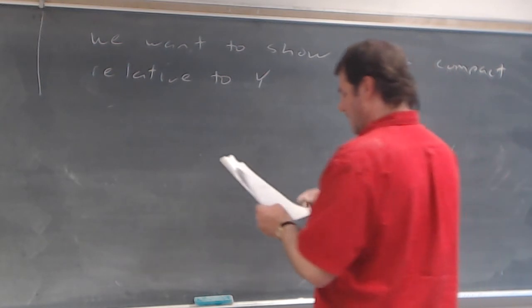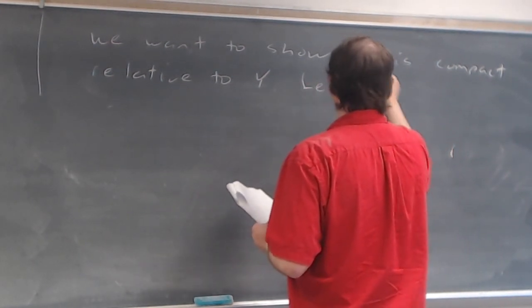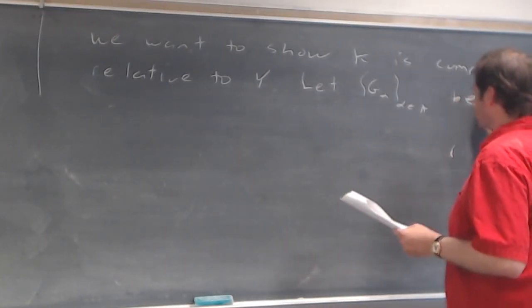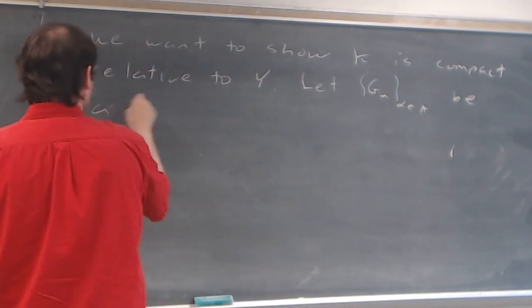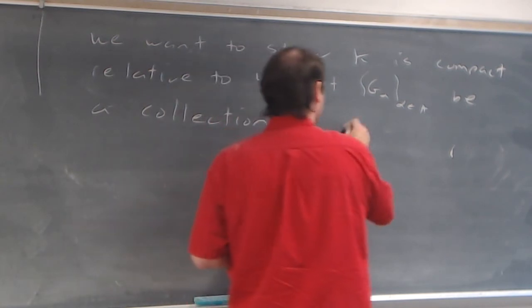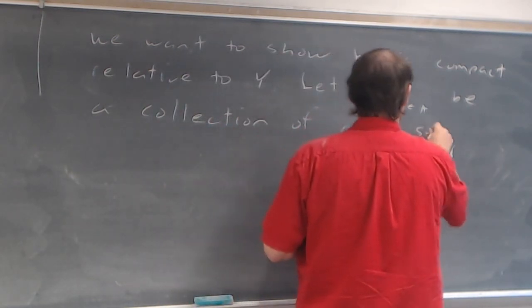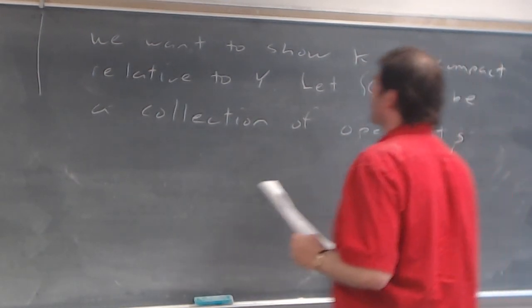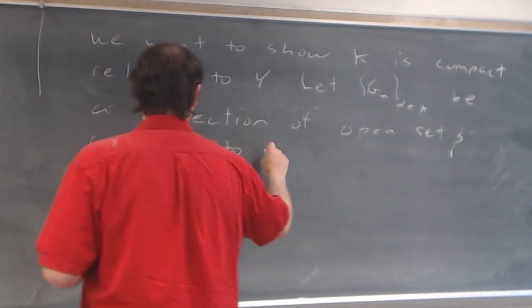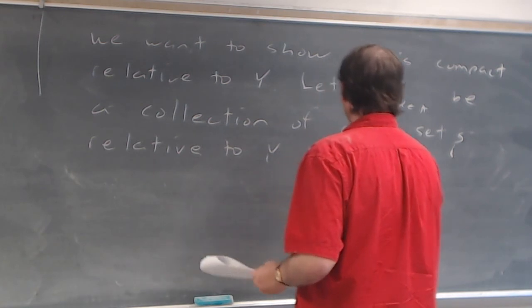Well, what we do is we let G sub alpha be a collection of open sets relative to Y that cover K.